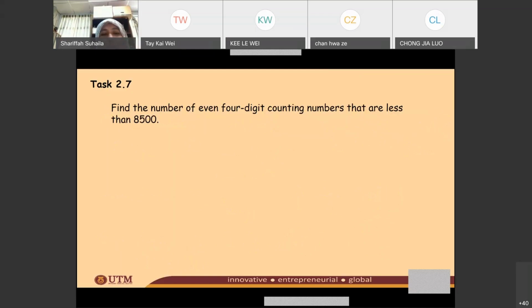Mungkin kamu boleh guna balik apa yang knowledge kamu dah belajar waktu SPM. Sebab kali ini dia tak ada jalan kerja yang very systematic untuk menunjukkan dia punya kaedah. So you want to find the number of even 4-digit counting numbers that are less than 8,500. Cuba buat dulu, nanti kita discuss.